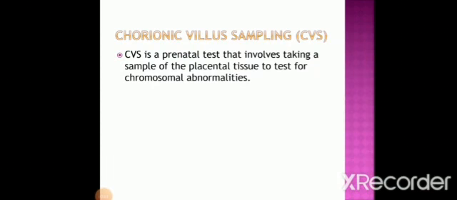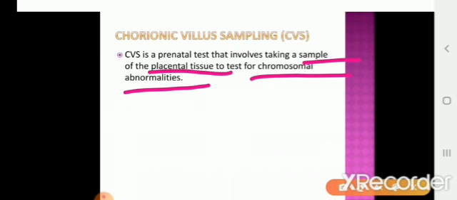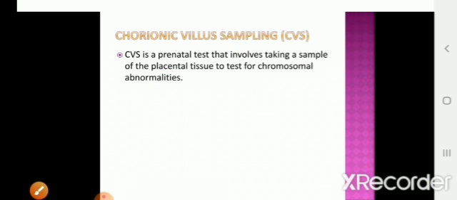Chorionic villus sampling, CVS technique. What is the CVS technique? The CVS is also a prenatal technique, and it will collect a sample of placental tissue to test for chromosomal abnormalities. What we will do?